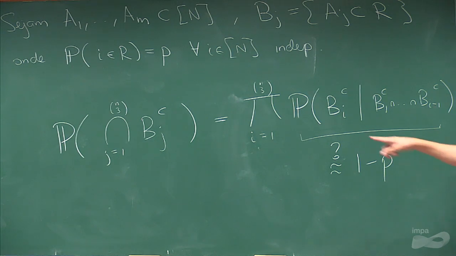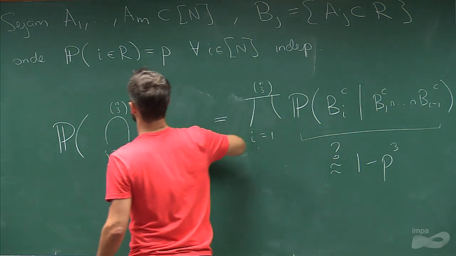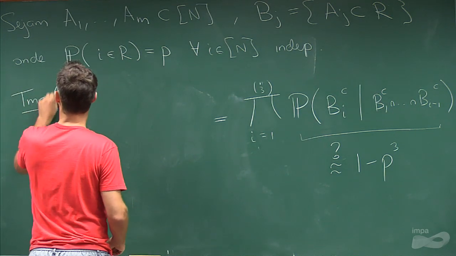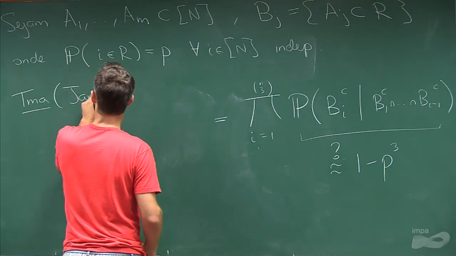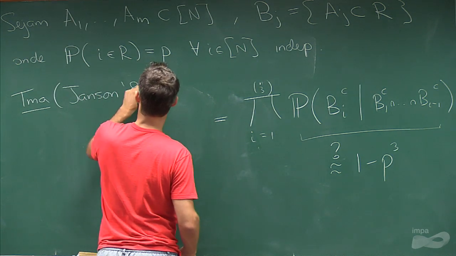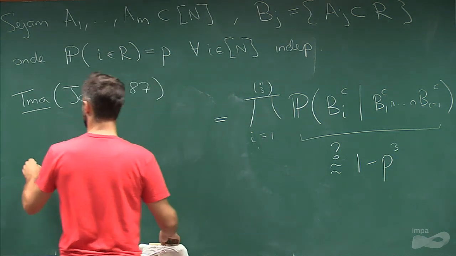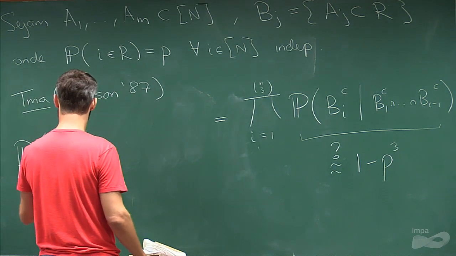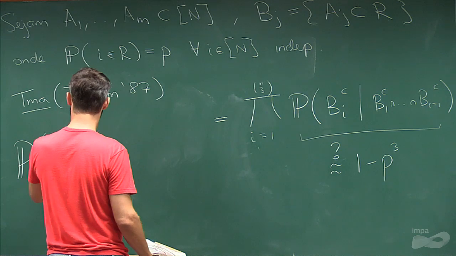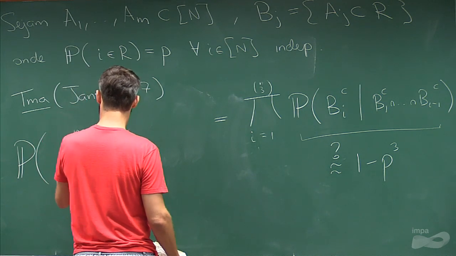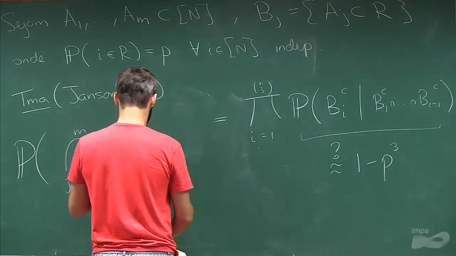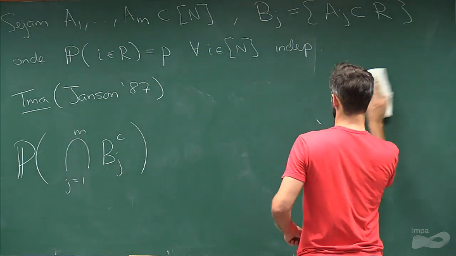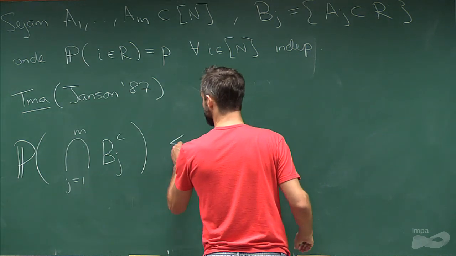And I want to know about this probability. Let me move it over here a little bit. So 87 or something. The probability of the intersection over j equals 1 to m, that none of these bad events occur, is at most something.